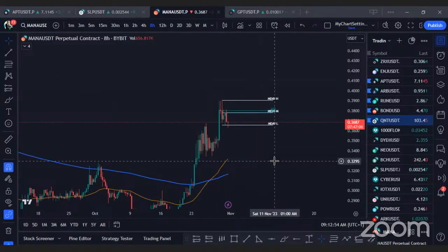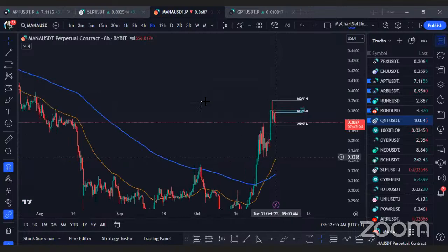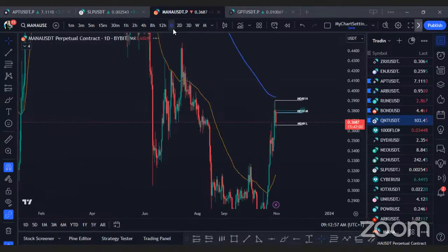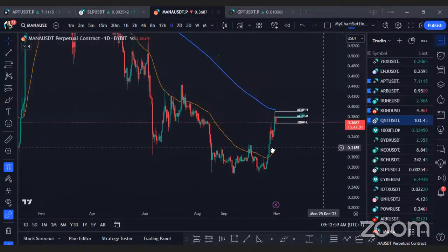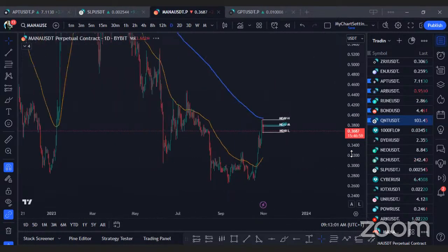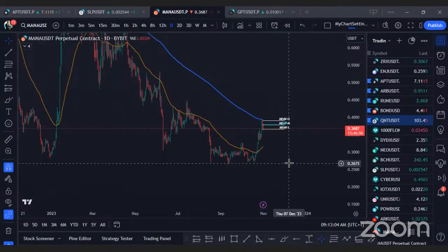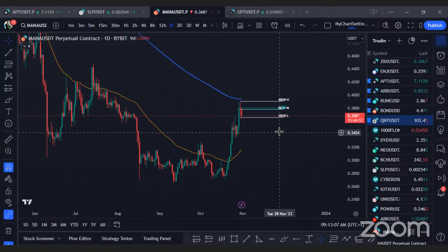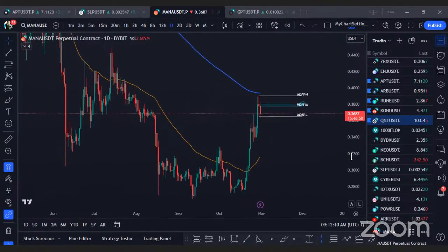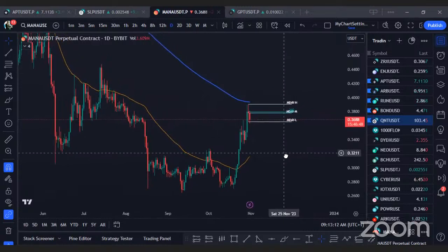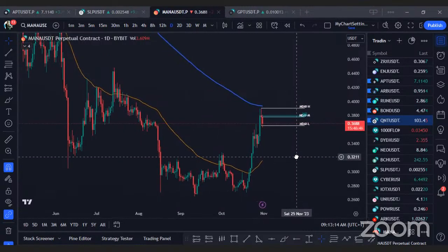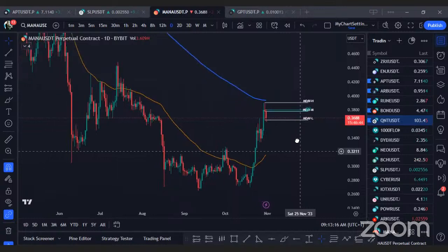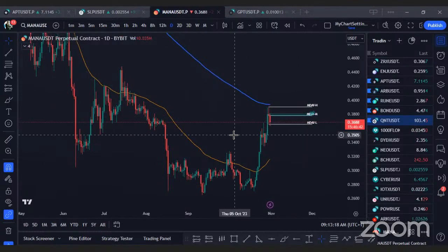For Mana, okay, if you're looking at Mana, guys, just wait for the pullback. Mana is just rejecting at that 200 moving average. I think it's a gaming related project, right?